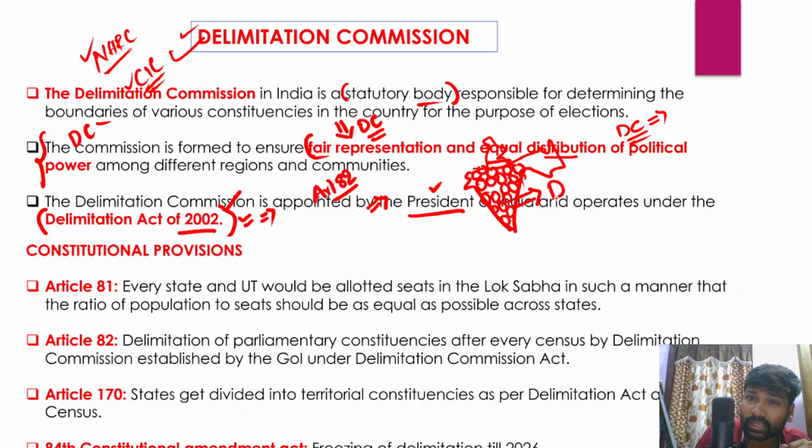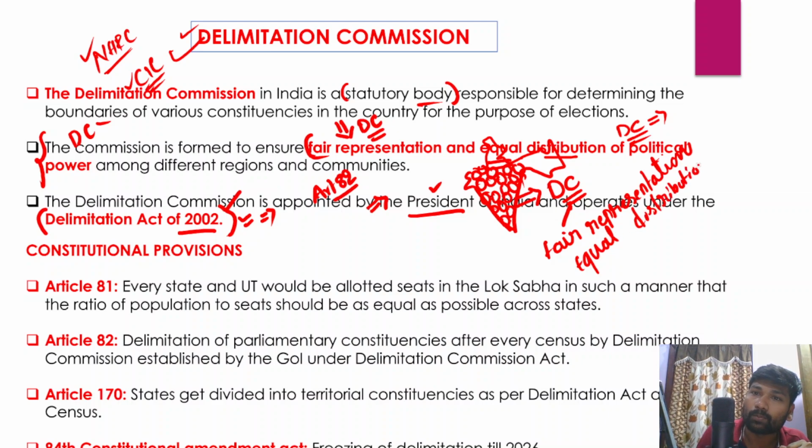It has been given to the Delimitation Commission, with the objective of ensuring fair representation and also equal distribution of political power. So political power must be equally distributed. These are the objectives of the Delimitation Commission. So I hope it is clear for you.